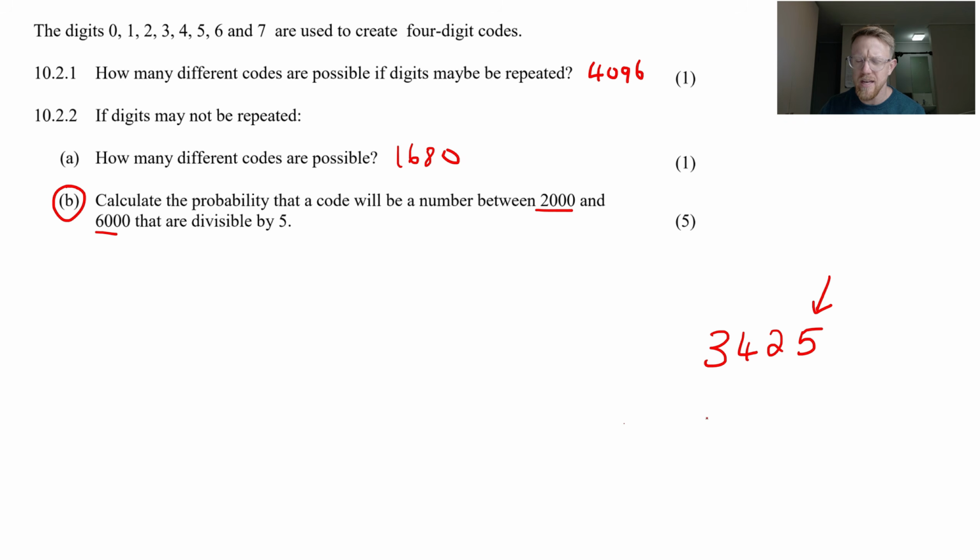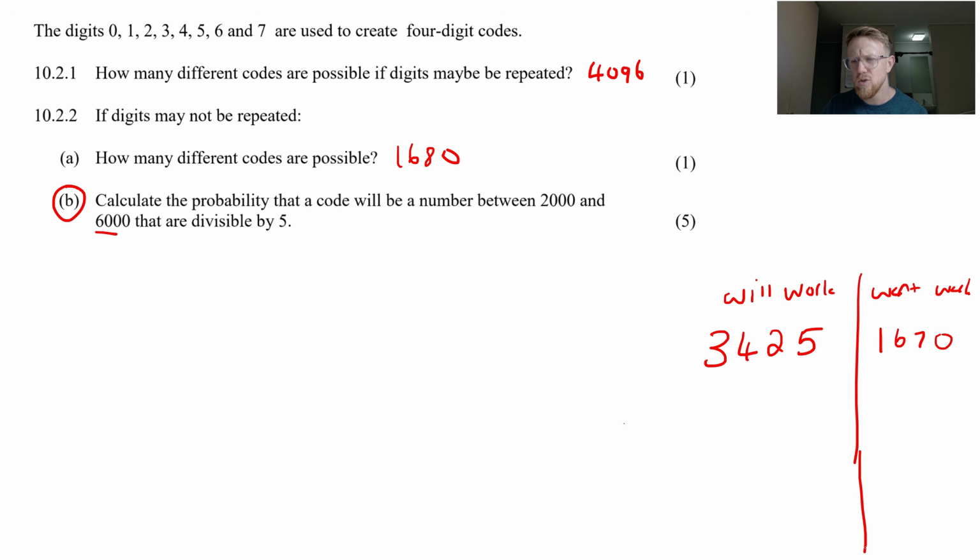Here's an example that won't work. Well, let's do this. Let's say will work, and let's do won't work. So a number that won't work would be like 1670, because this is a number that is smaller than 2000. It needs to be larger than 2000. Let's do another one.